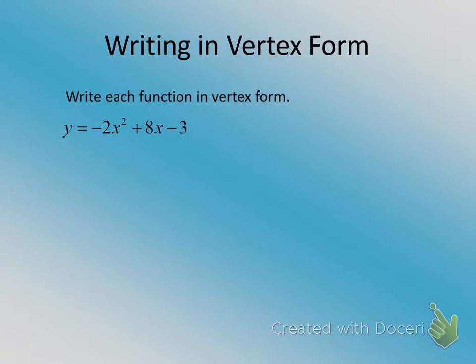Except this time, we want to stay working on the right-hand side. So we're going to do a 6-letter F word: factor. Whenever you see a number with an a, in this case negative 2, you're going to factor it out of the following terms, the x squared and the x.